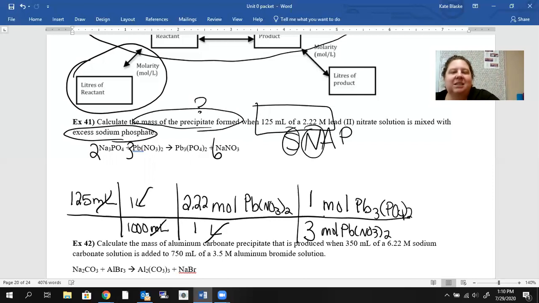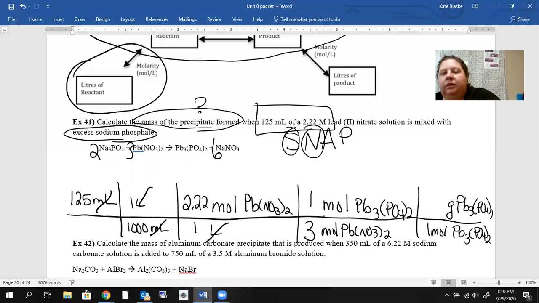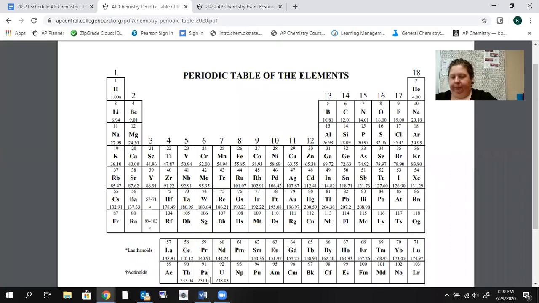And they want the mass of the precipitate, so that means I've got to go to grams. So 1 mole of my lead phosphate, and I've got to turn that into grams. So again, I go to my periodic table. Lead is 207.2, and I've got 3 of them.